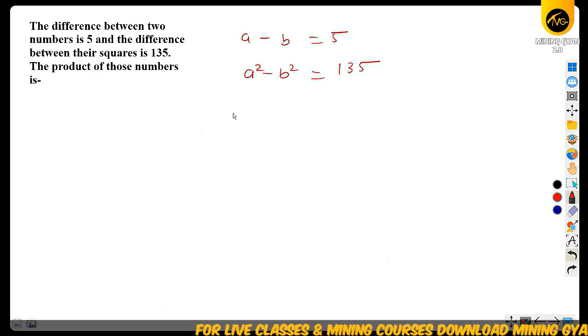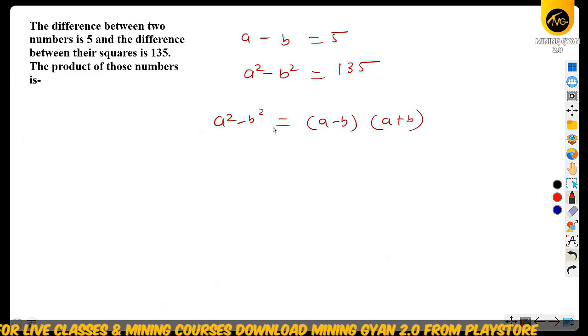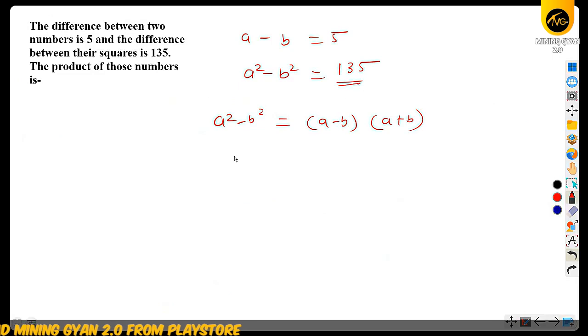Right, 135. Now again use the a square minus b square formula. a square minus b square is equal to (a minus b) into (a plus b). Now a square minus b square is 135 and a minus b is equal to 5.